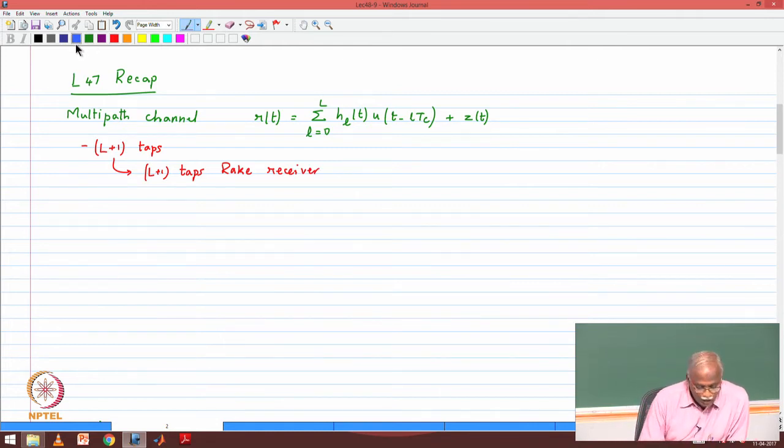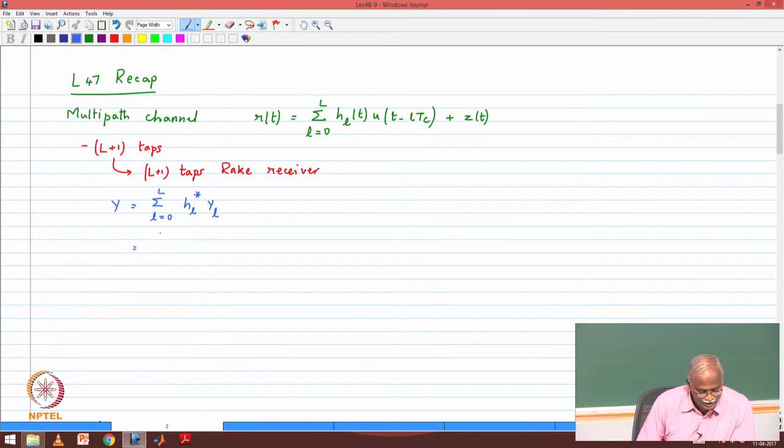The output, or the decision statistic, was obtained by combining the outputs of the different branches of the rake receiver. There are L plus 1 copies of the signal that we are combining using the conjugate of the chip-spaced channel, h_l conjugate times y_l. This is what gives us the expression that we are looking for.